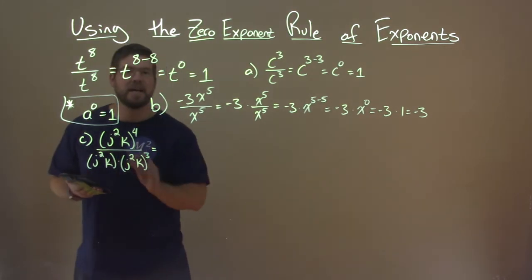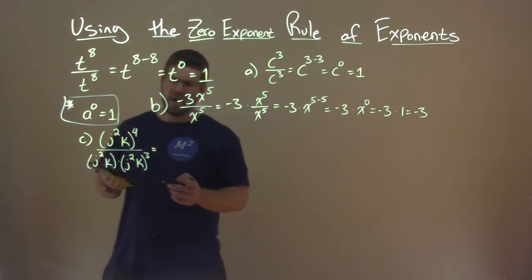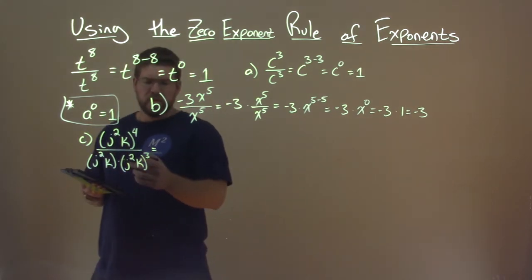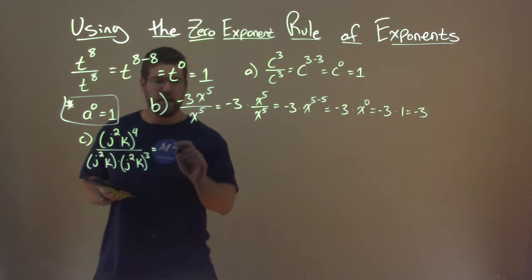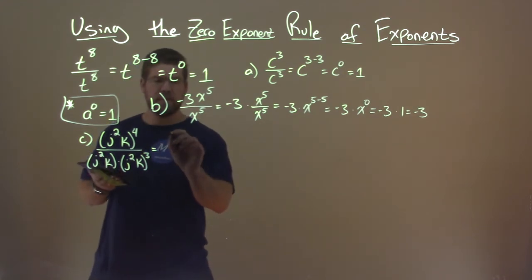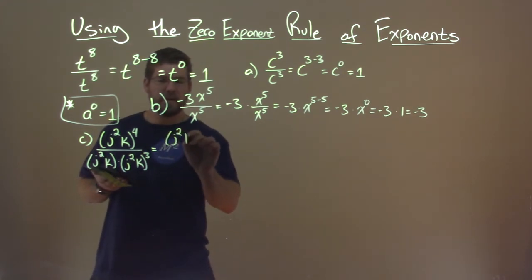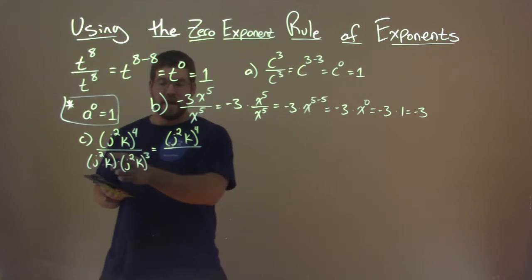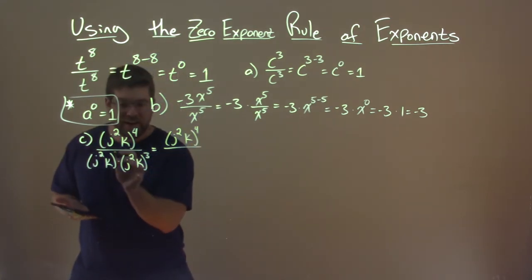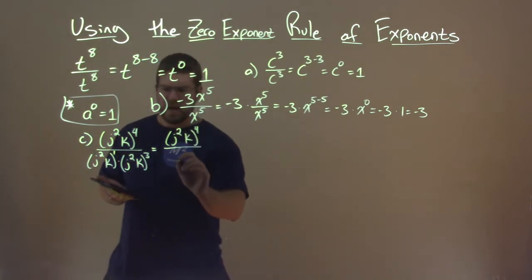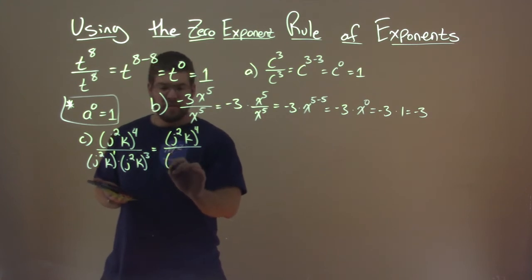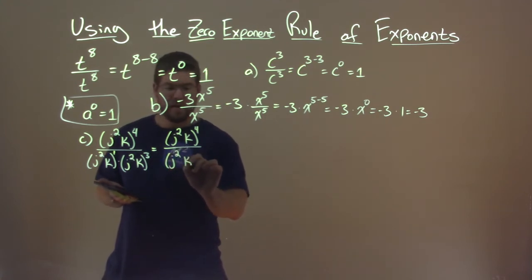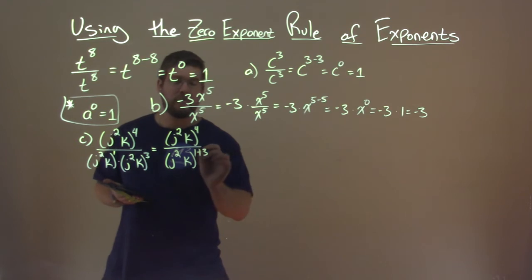Now, in the denominator I see the product rule happening, so I'm going to simplify that. Keep the numerator the same, j squared k all to the 4th power. Over here, the product rule states we add the exponents, and remember this one has an exponent of 1. So when we add it together, we have j squared k to the 1 plus 3 power.